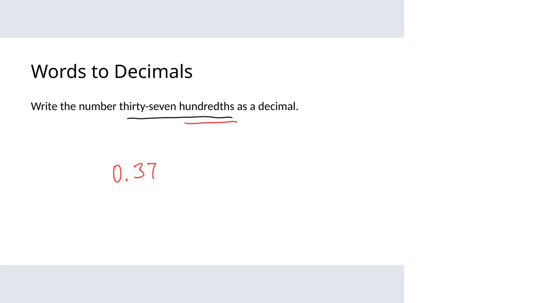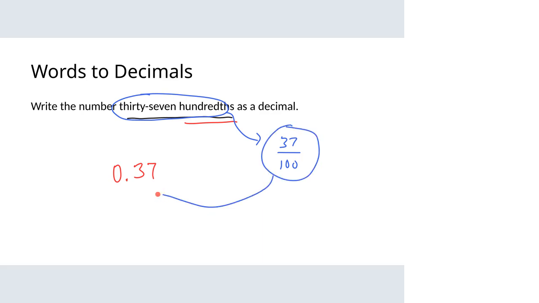I've written 37, it goes to the hundredths place. Perfectly fine, terrific. Others might be more comfortable saying, okay, it's 37 over 100 if I write it as a fraction. Now I want to turn that fraction into a decimal. You can do that with a calculator, or just by visually seeing it written this way, you can say, 37 hundredths as a decimal would be 0.37.